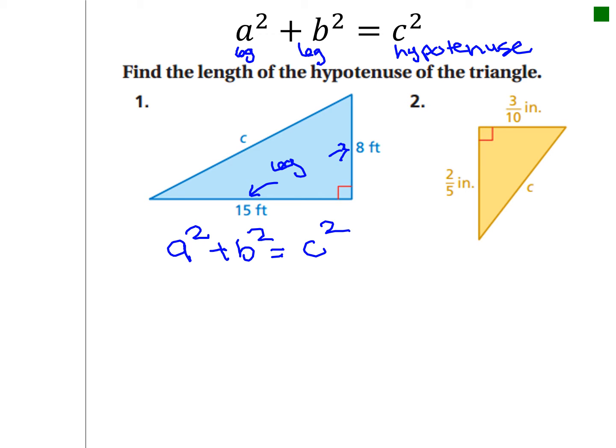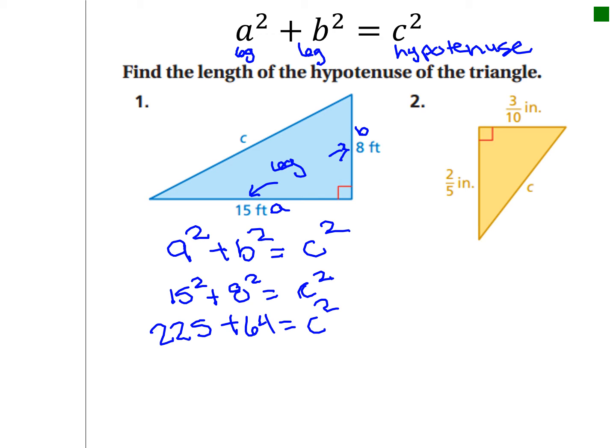It doesn't matter which one you make A and which one you make B. I'm going to make 15 A, 8 B. So 15 squared plus 8 squared is equal to C squared. 15 squared is 15 times 15, which is 225. 8 squared is 8 times 8, which is 64, still equal to C squared.